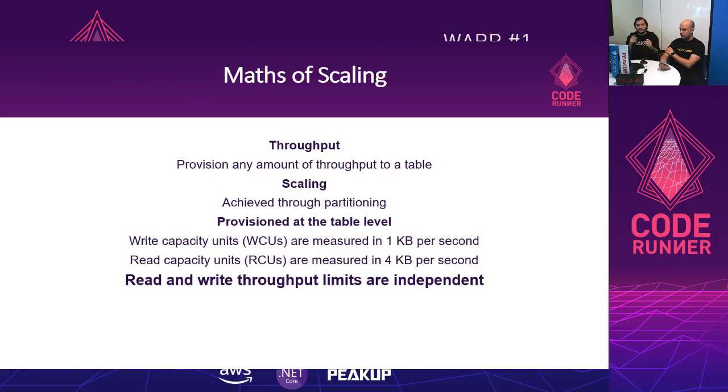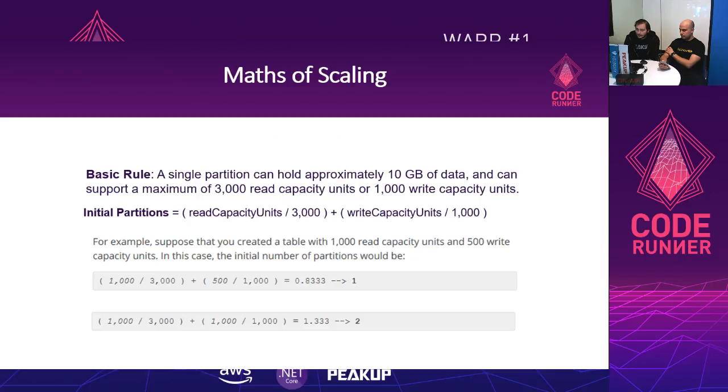Read capacity and write capacity actually depend on that, and they are measured, for writes, in 1 kilobyte per second, and for reads 4 kilobytes per second. And this is the formula actually.